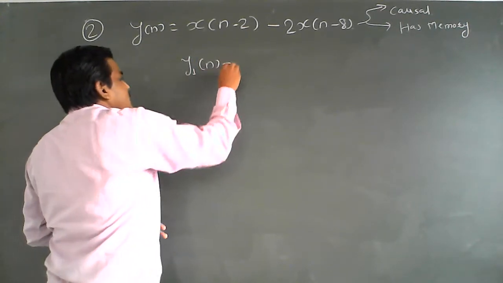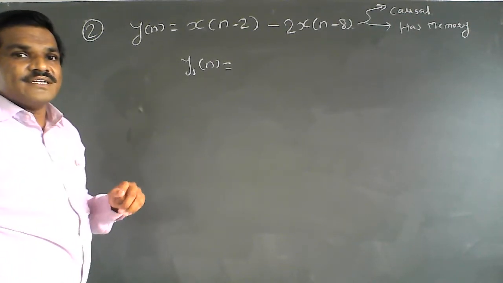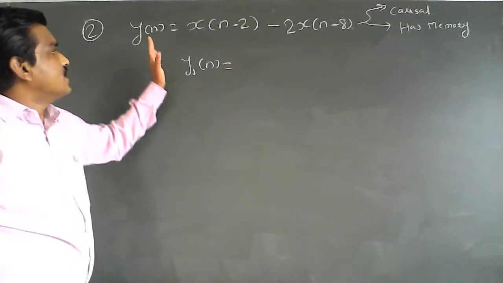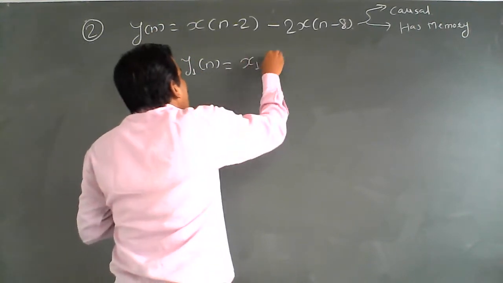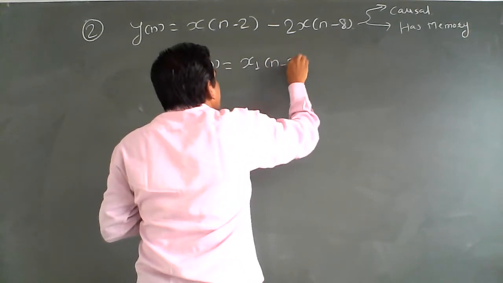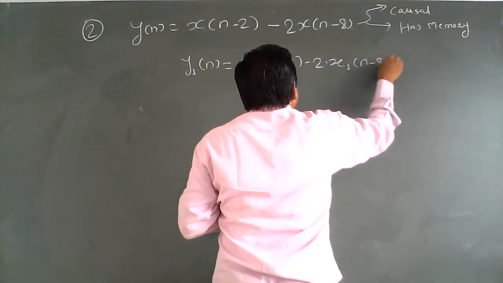y1 of n is nothing but your x1 of n, so we will write it in terms of x1: x1 of n minus 2 times x1 of n minus 8.